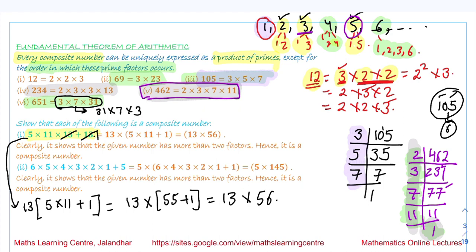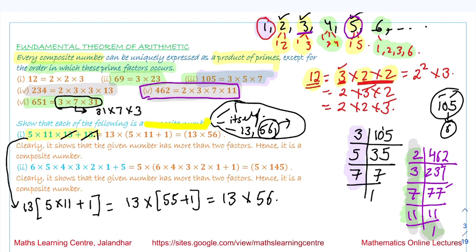So whatever the number is, its factors will be 1, the number itself, 13, and 56, and all the factors of 56 are also factors of this number. So it has more than two factors. It means it is a composite number.